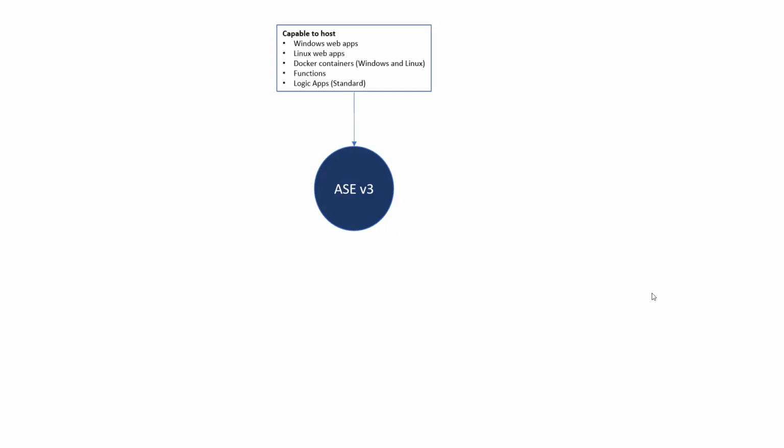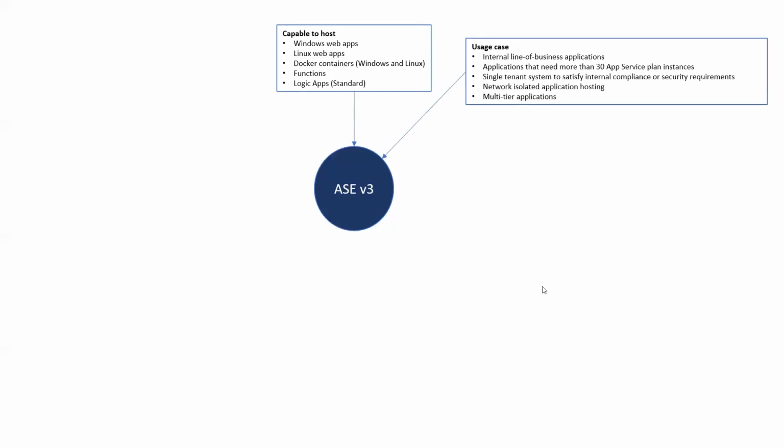So what exactly is the App Service Environment capable of? One, running Windows web apps or Linux web apps, or containerized applications running on either Windows or Linux, or if you have Logic Apps or Function Apps, you can use the App Service Environment for hosting them in an isolated way.